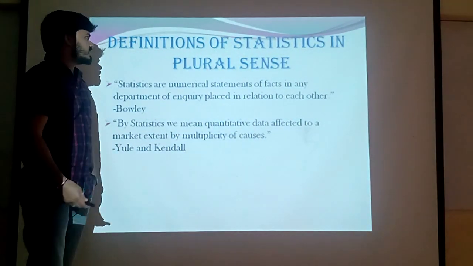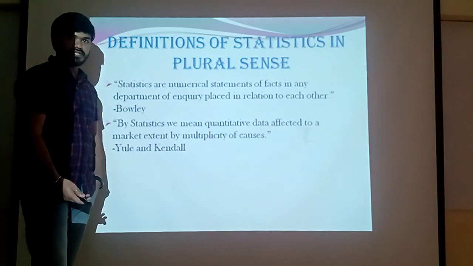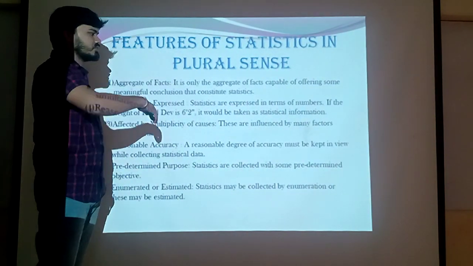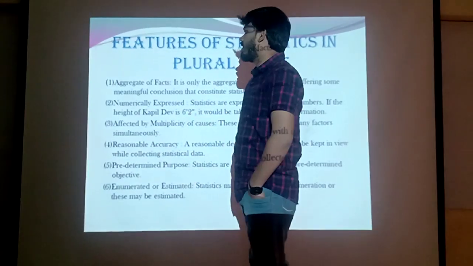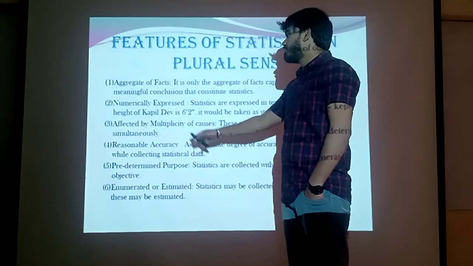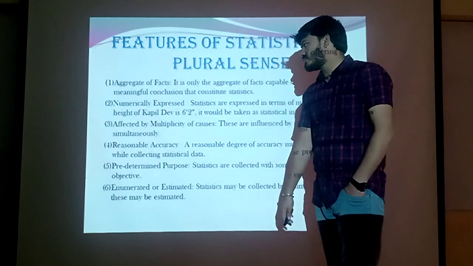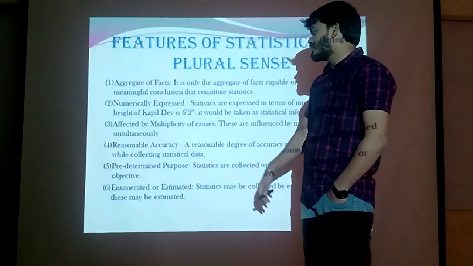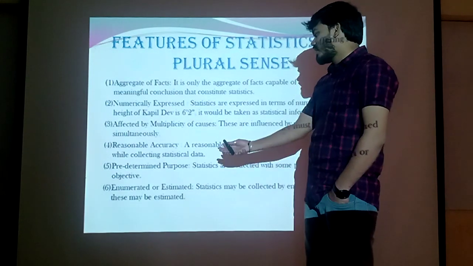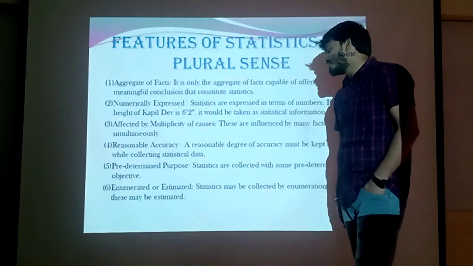So the definitions of statistics in a plural sense we already know. According to that, we also discussed the features: the aggregate of facts, numerically expressed, affected by the multiplicity of causes, reasonable accuracy, predetermined purpose, and enumerated or estimated.